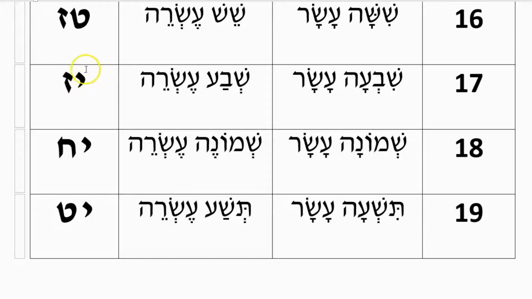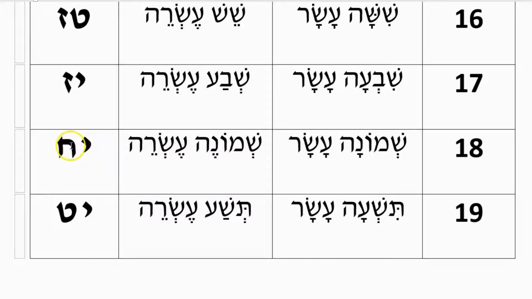Yud being the Hebrew numeral for 10, and Zayin being the Hebrew numeral 7. Yud Zayin, 17. 18. Shmona Asar. And in the feminine, Shmoneh Esrei. And we write it Yud Chet.